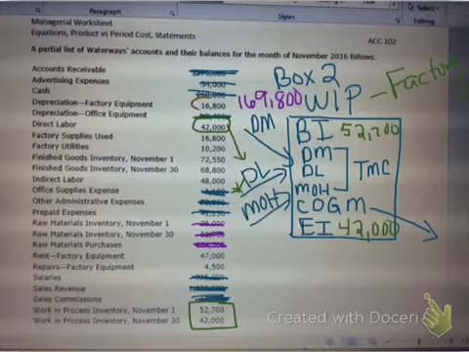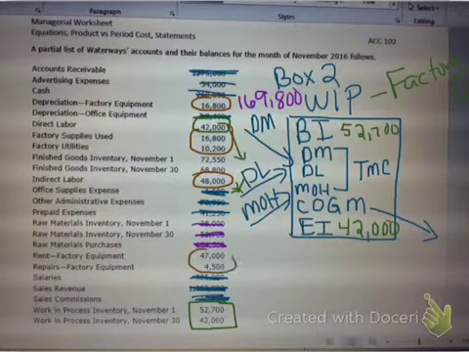Some of those items will be the factory equipment, the factory supplies, the factory utilities, and indirect labor and indirect materials are also items that would go into manufacturing overhead. Rent and repairs, as far as factory equipment goes, all of those would be part of our manufacturing overhead.